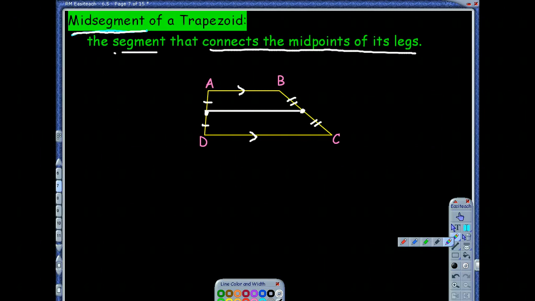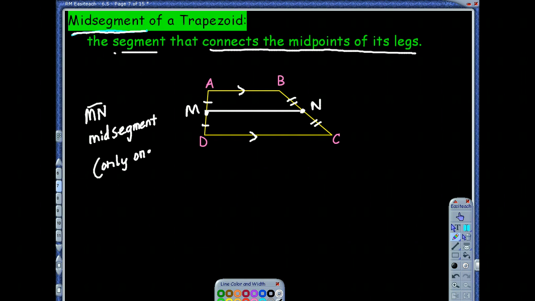I like how you said there's just one with a trapezoid. So if I call these M and N, then segment MN is your mid-segment. And there's only going to be one. Maybe make a little note of that: only one in a trapezoid.